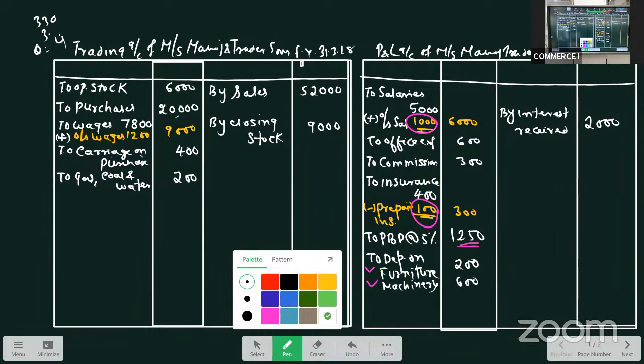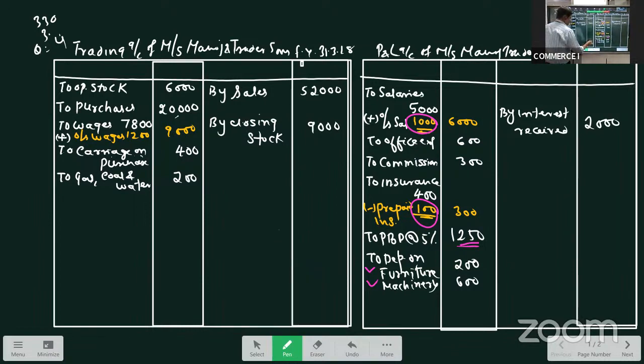Now let us close and see what is the result of trading account, what is the result of P&L account. If you remember, what is the outcome of trading account we get? Gross profit. And what is the outcome of P&L account? It is net profit.